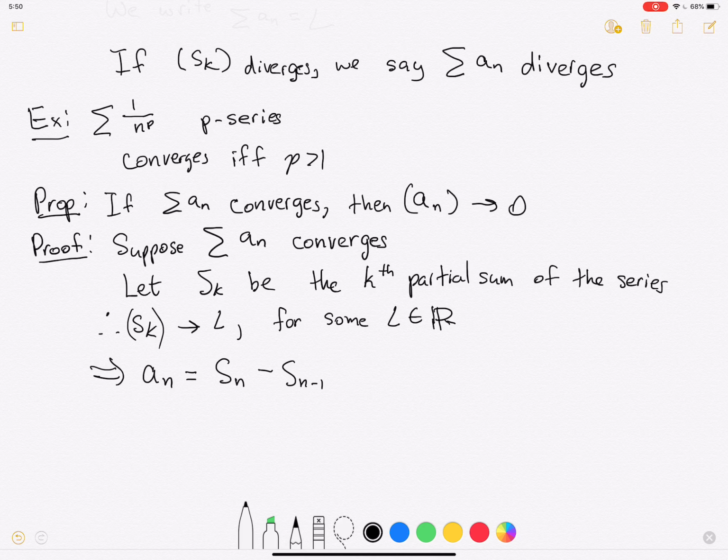So as these go to the limit, that's an equality, which is equal to 0. And that proof is done.